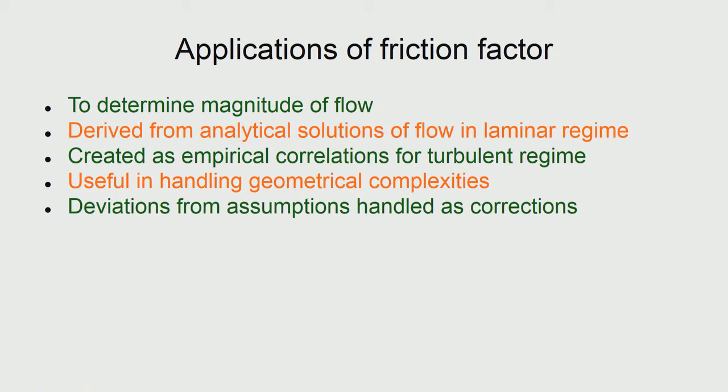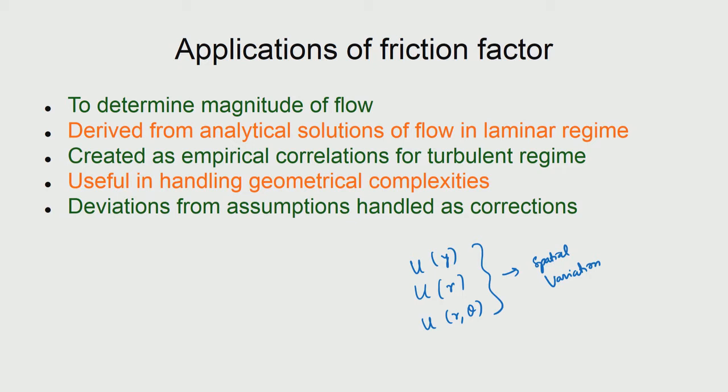Some of the applications of friction factor: why do we need this concept at all? We have already seen that we have the analytical solution for the velocity, u as a function of r, u as a function of r and theta, u as a function of y, and so on. Usually these are all spatial variations, and very often the spatial variation is not relevant.